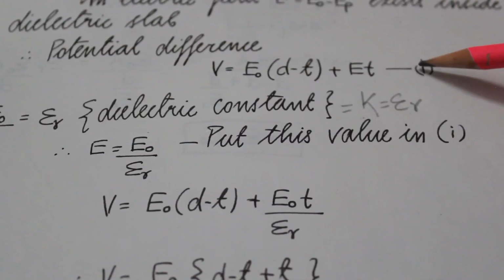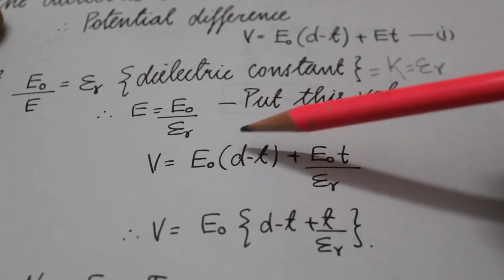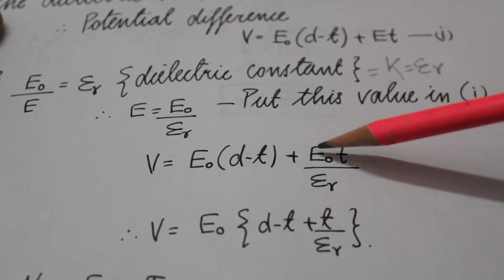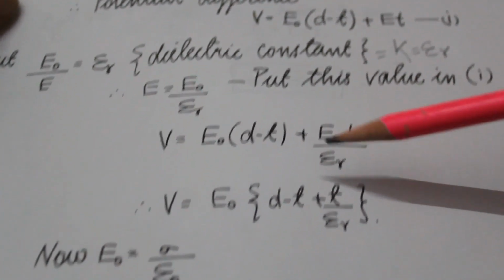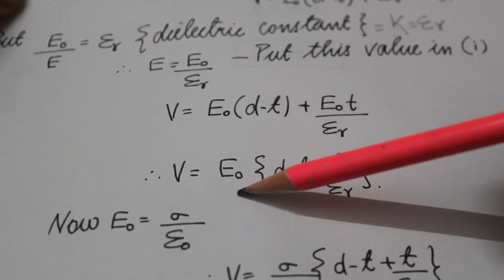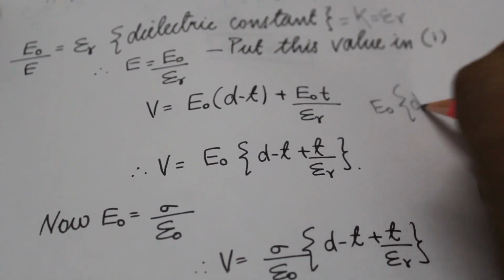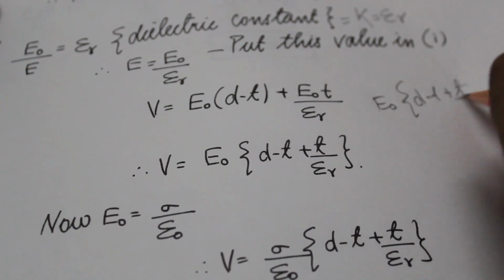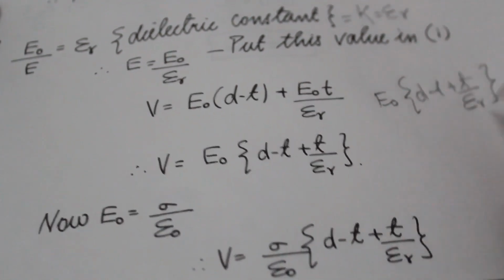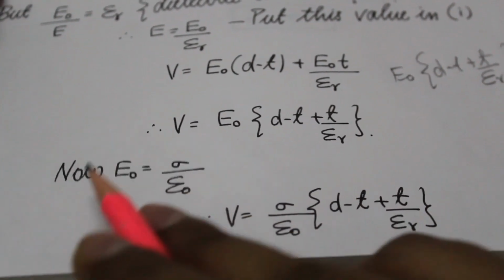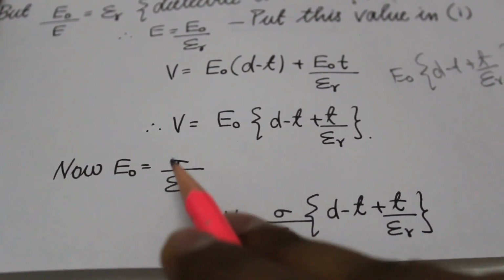If I put this in the first equation, I'll get E naught times D minus T plus E naught T upon epsilon R. If I take E naught common from this, I'll get E naught times D minus T plus T upon epsilon R, or you can say K. Now as we know, E naught is given by sigma by epsilon naught.